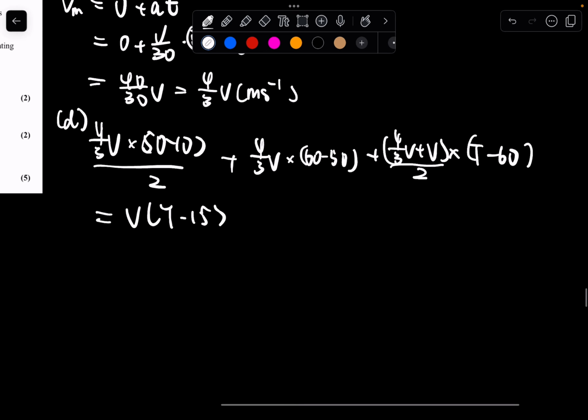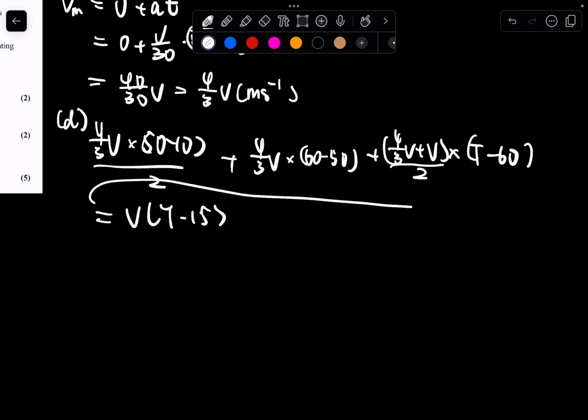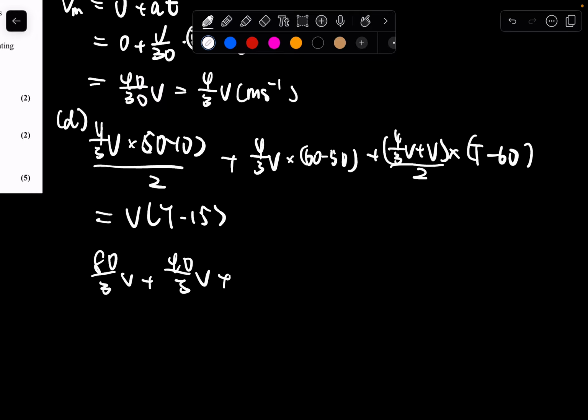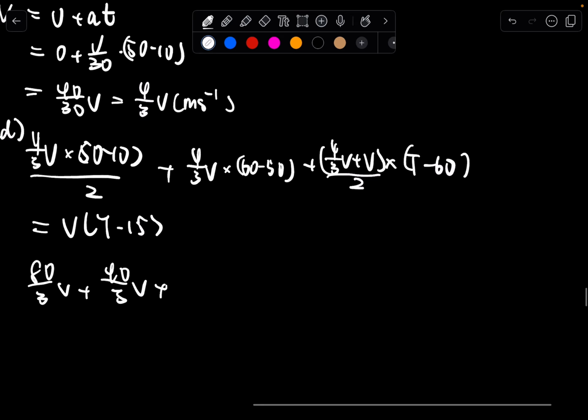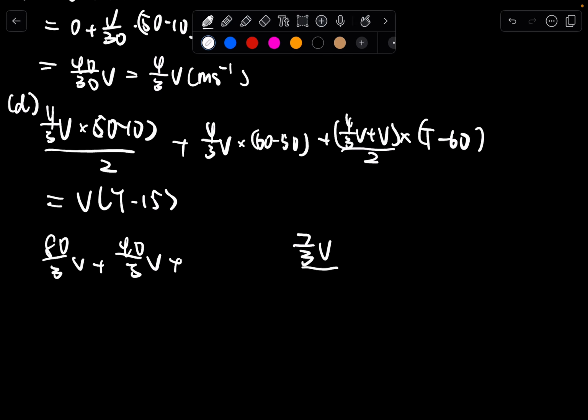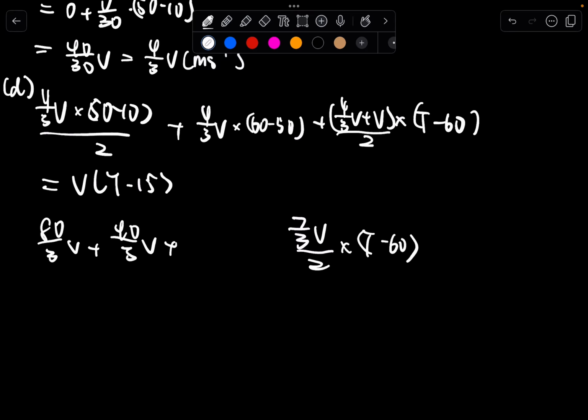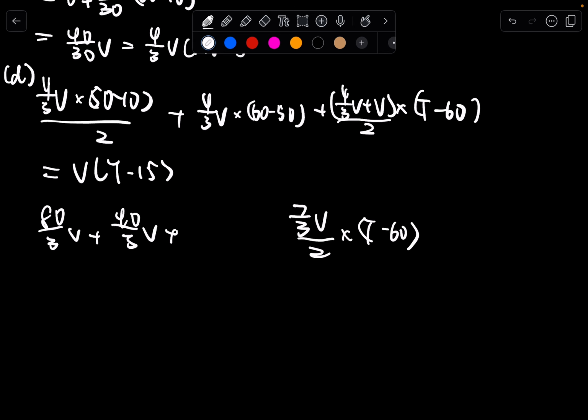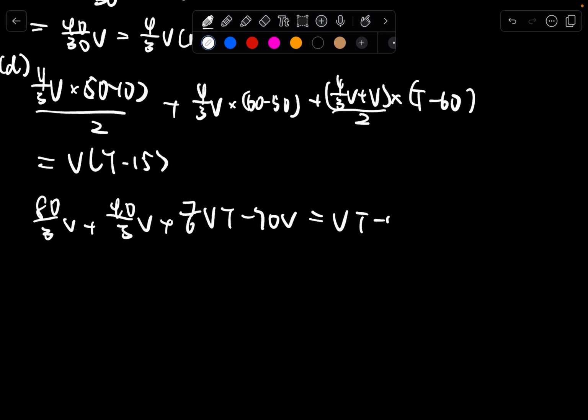So let's do some simplification here. This is 40, 20, 80/3 v plus 10, so that's 20, 40. This is 40/3 v, and then T minus 60. This is kind of awkward. It's 7/3 v over 2 times (T minus 60), which is 7/6 vT minus 70v, and it would equal vT minus 15v.